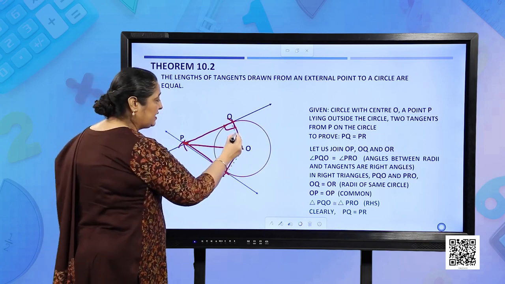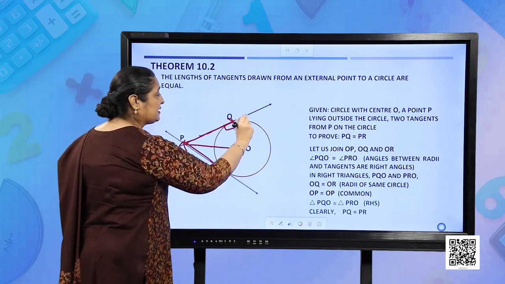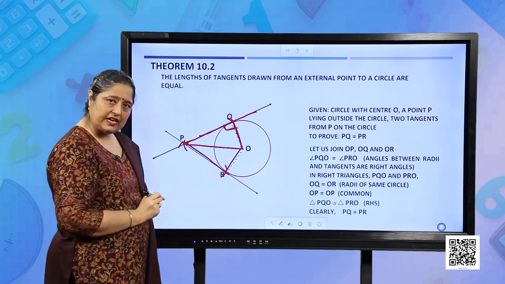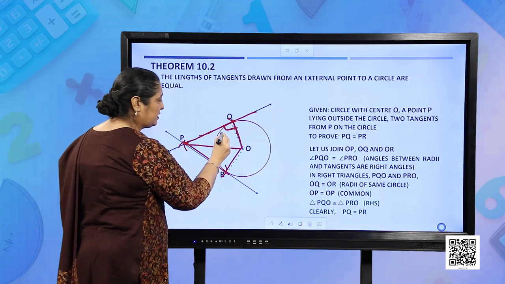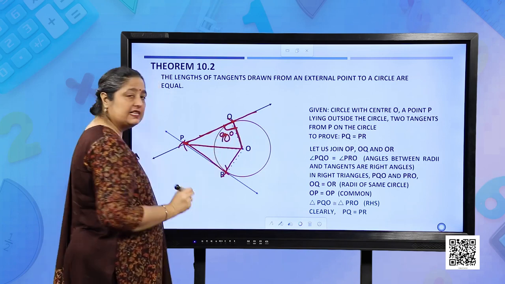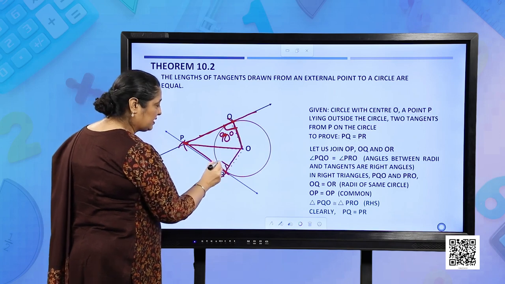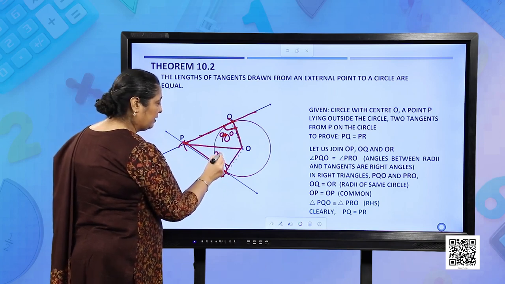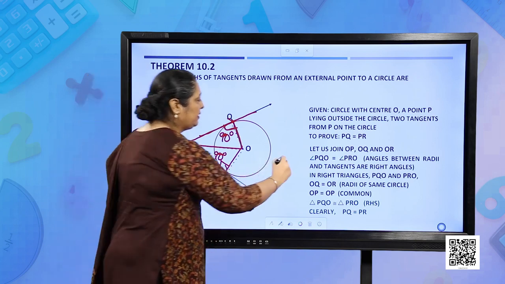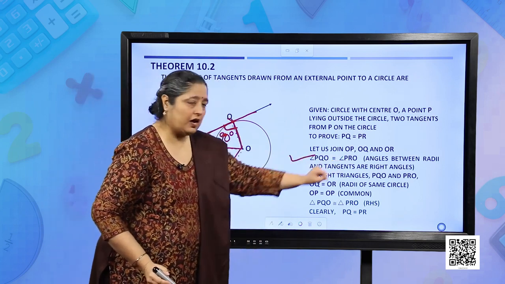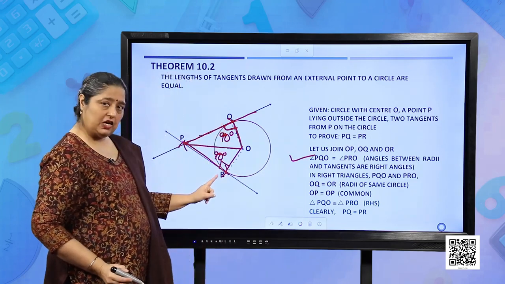When a radius is touching the tangent, then this angle is a right angle, a 90-degree angle. Similarly, angle PRO is again a 90-degree angle. So, we have angle PQO is equal to angle PRO. These two angles are equal.